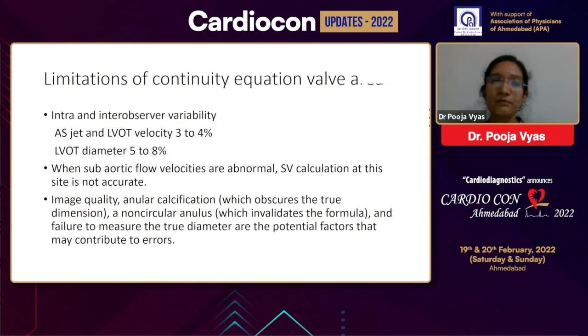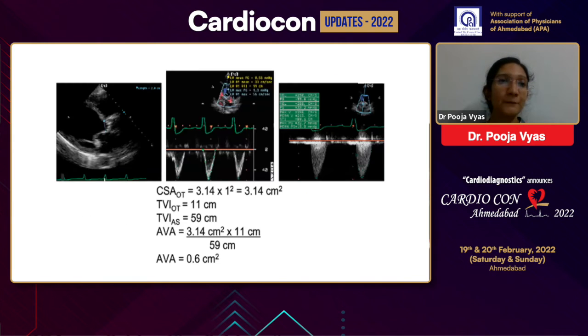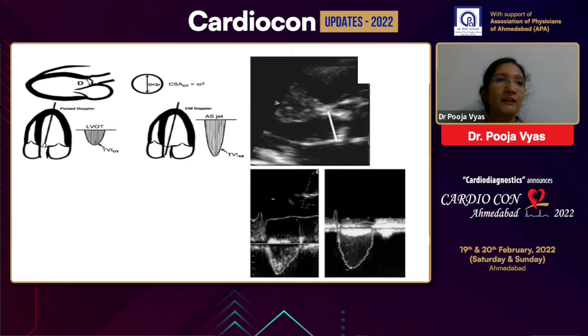So it is very important to measure the accurate LVOT diameter. It is because when we calculate the aortic valve area, the cross-sectional area is pi r square. So even a small error will be reflected highly in the final equation, because the radius is squared. So a smaller error can lead to a big error finally. So we must take care while calculating the LVOT diameter.